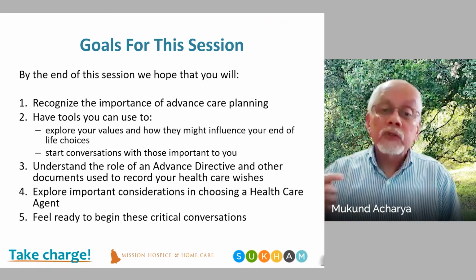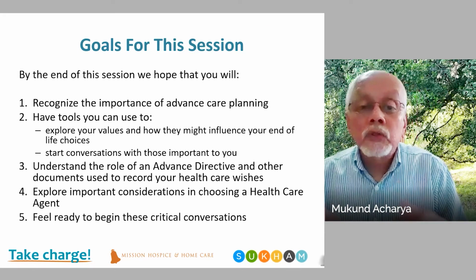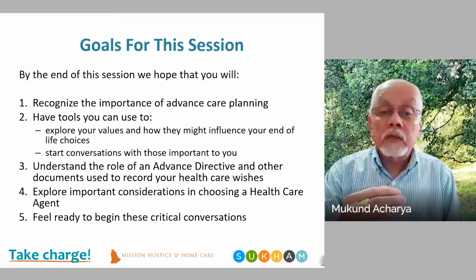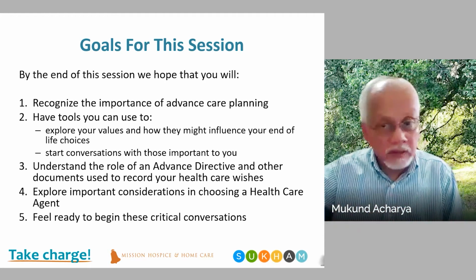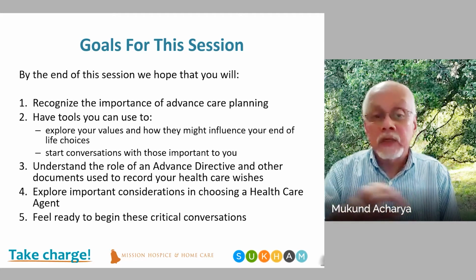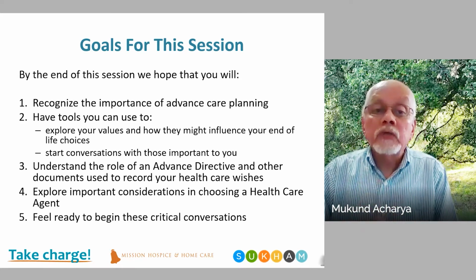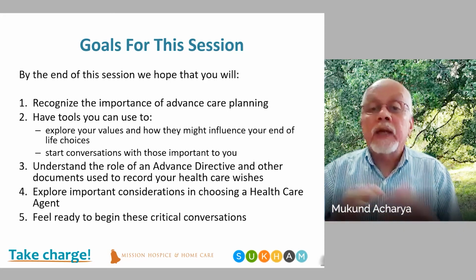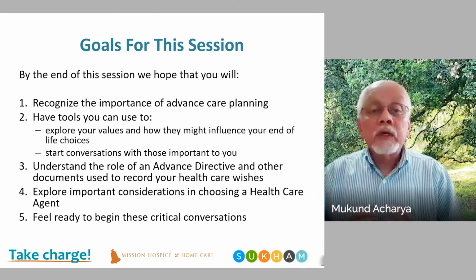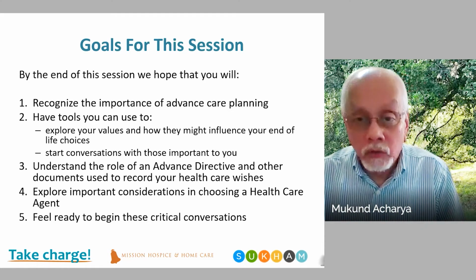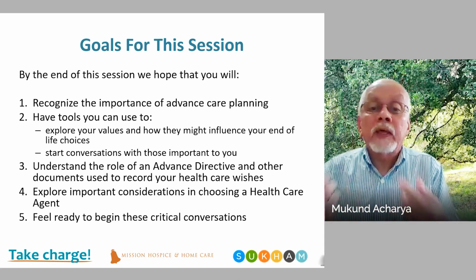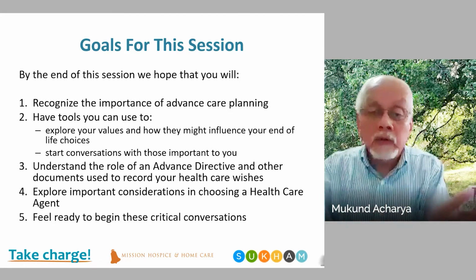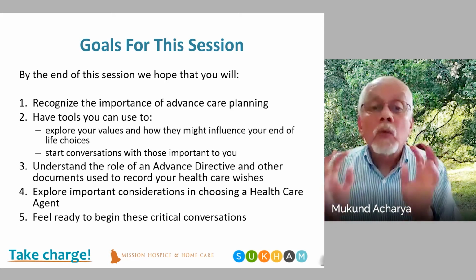And the second, which is also very critical, is having understood those values, start conversations with your family, those in your circle, and for some people it could be friends as well as relatives, who you think need to know what those values are, so that they understand what your choices are going to be at the end of your life, whether you make those decisions on your own cognizance, or whether you have someone else make them for you. You need to tell all your family and friend circle who need to know what those values are.